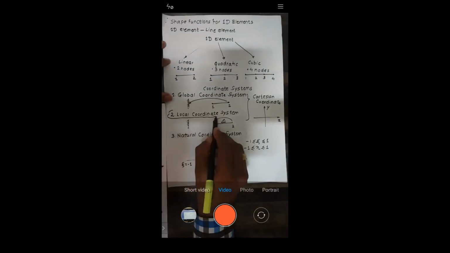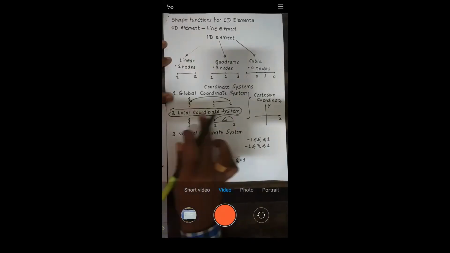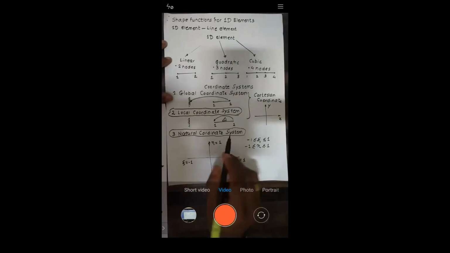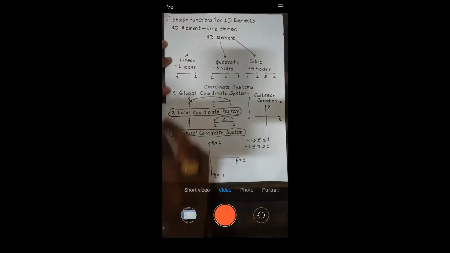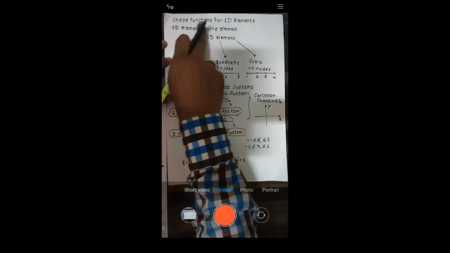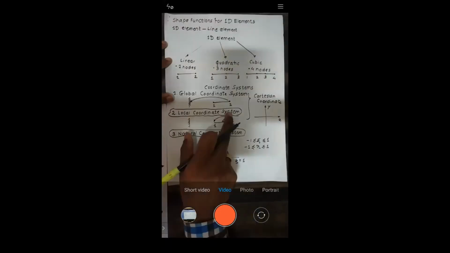We are interested to calculate the shape function in local coordinate or in natural coordinate, right? We are interested to calculate shape function for a linear, quadratic, or cubic element, either in local coordinate or natural coordinate. We are not interested to go for global.